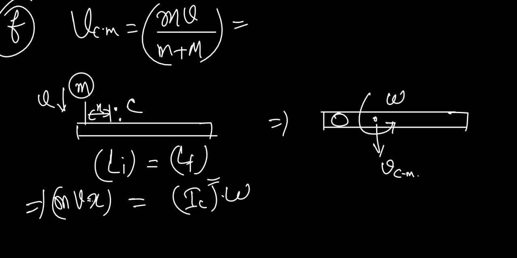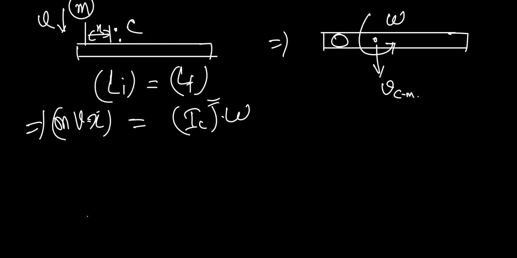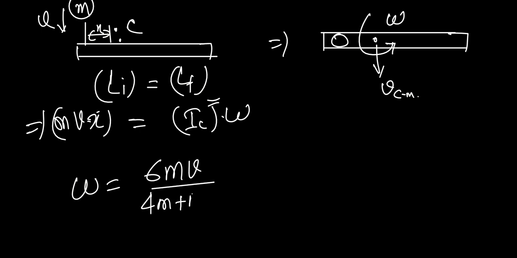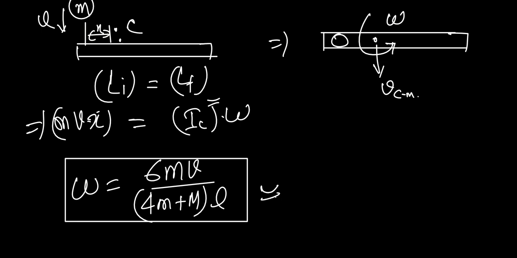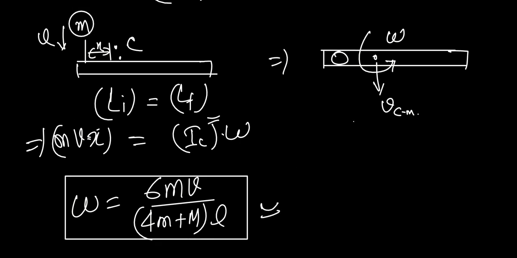So I we have calculated, x we know. So omega, if you do the calculation, I am not doing that, you will get 6mv upon 4m plus capital M into L. So this is the angular velocity of the rod and the whole system with respect to the center of mass of the system.